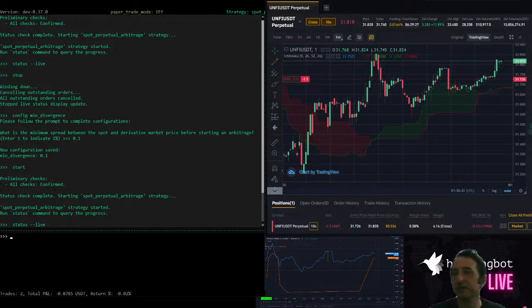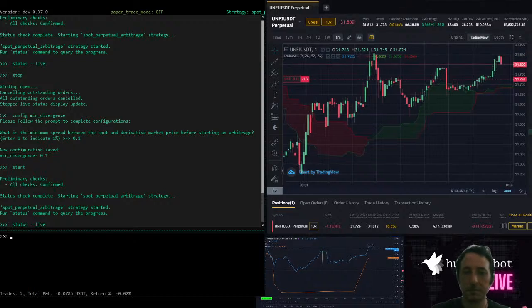You can use whatever connector our bot is able to connect to do this kind of arbitrage, any spot against any perpetual. At this moment, in the current version 0.36, we only have Binance, but in 0.37 we will have a new perpetual connector, the Perpetual Protocol.